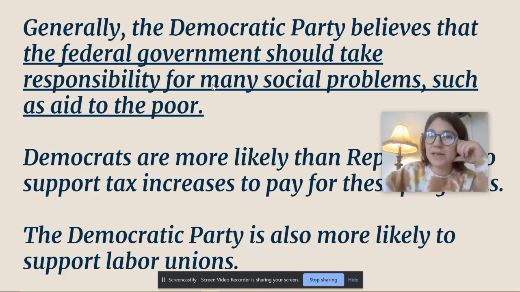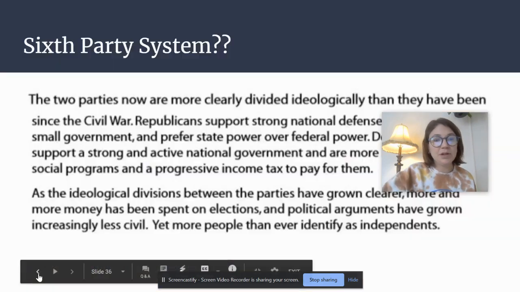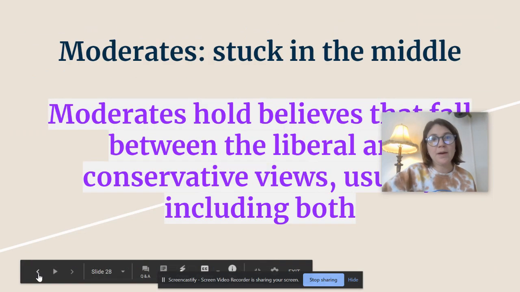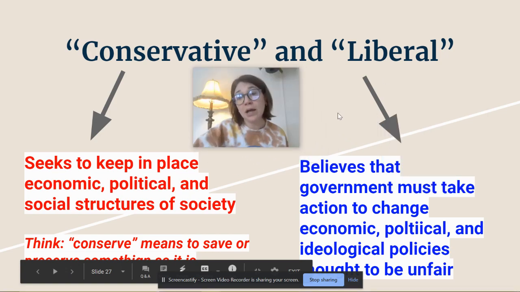Generally, in the most basic sense, the Democratic Party believes that the federal government should take responsibility for many social problems, such as aid to the poor. So it's this idea that we should be using the government to make change. That is similar to this idea, going back to our political ideologies, of this liberal ideology, right?